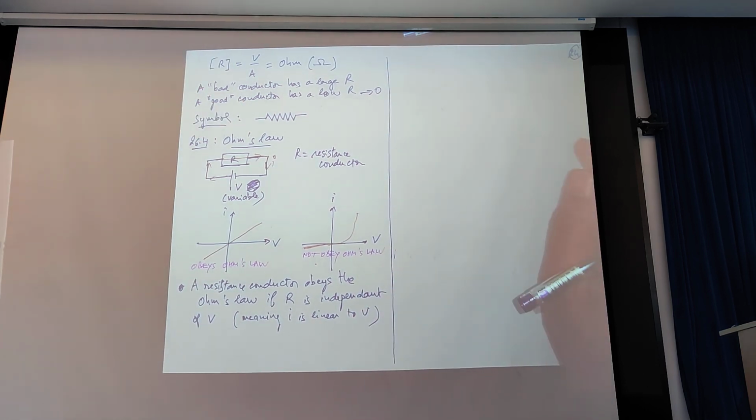Okay, you understand? This is not really a law. This is rather a rule. Okay, this is a criteria. We have some materials which obey this rule, and some other materials which do not obey this rule. Okay?